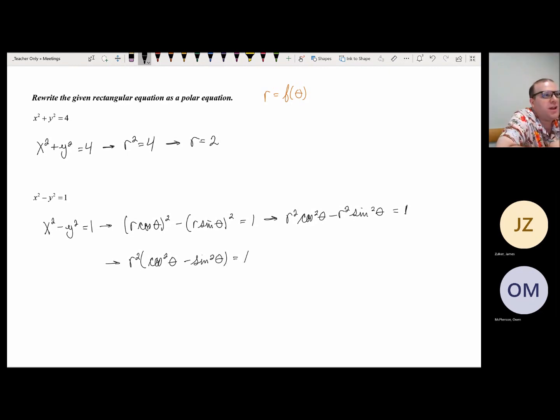Can factor out an r squared. Now, you could just divide both sides by cosine squared minus sine squared. You'd have 1 over cosine squared minus sine squared is equal to r squared.